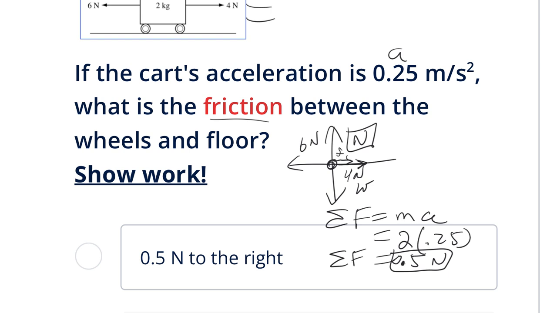So let's look at our diagram. The net force is equal to the bigger arrow, which I'm assuming is 6, minus the sum of the arrows pointing to the left.